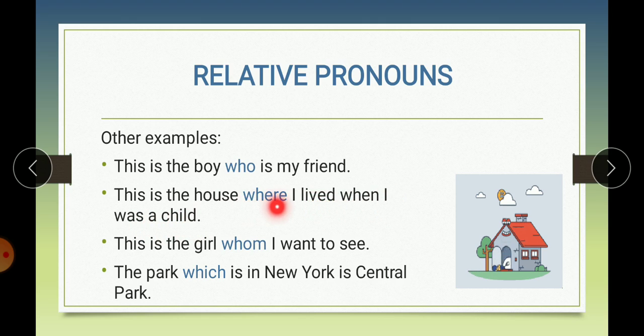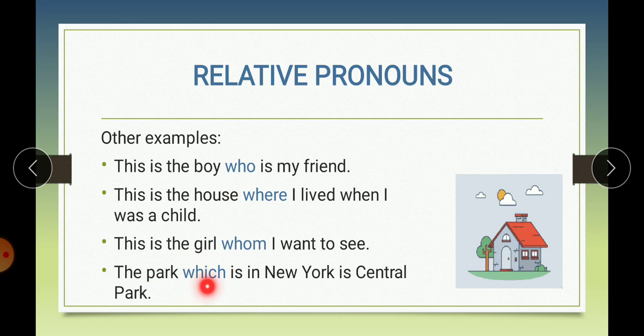So the word where is referring back to the house, which is a noun. This is the girl whom I want to see. Whom is a relative pronoun referring back to the noun, girl.